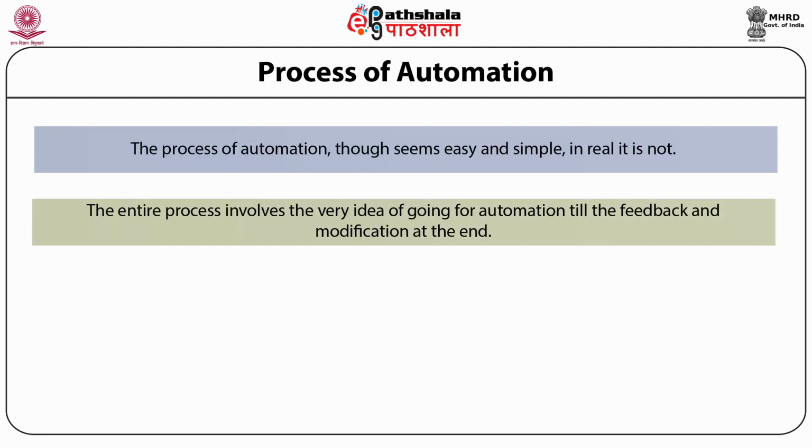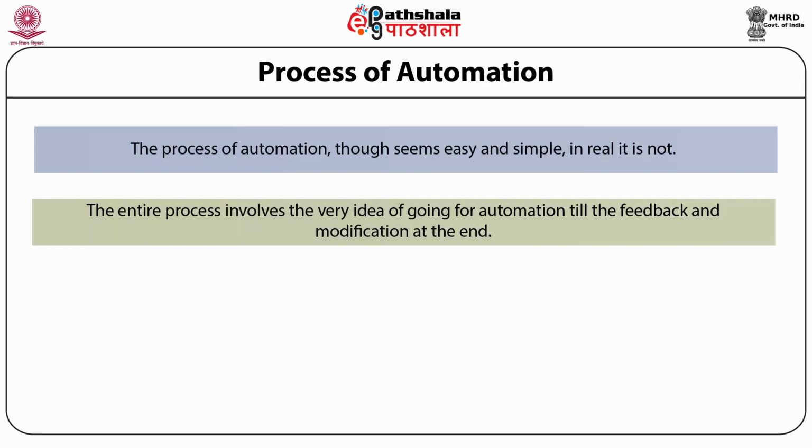It involves a number of issues, maybe technical issues, non-technical issues, professional issues, or legal issues. All these things cumulatively are to be considered before going for library automation.